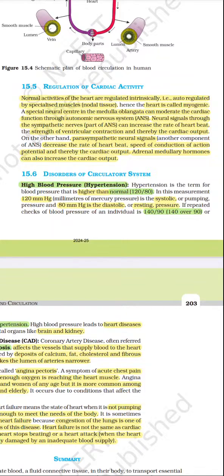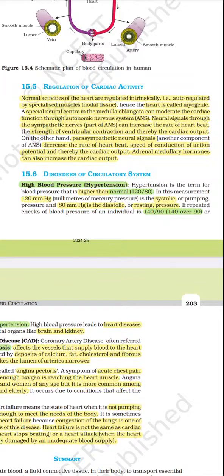Heart is called myogenic. A special neural center in the medulla oblongata can moderate the cardiac functions through the autonomic nervous system, ANS. Neural signals through the sympathetic part of ANS can increase the rate of heartbeat, the strength of ventricular contractions, and thereby the cardiac output.